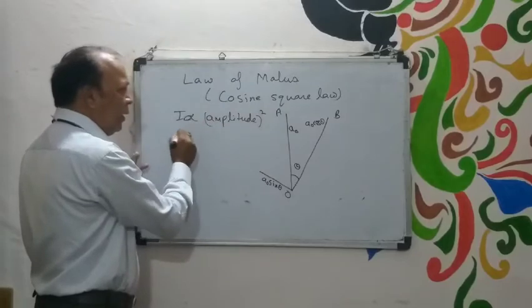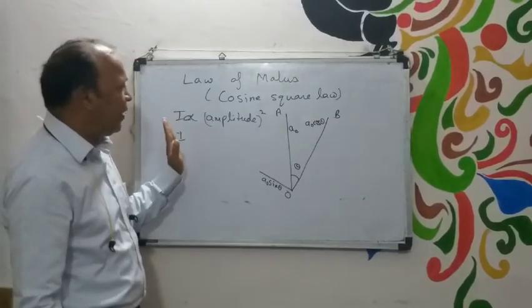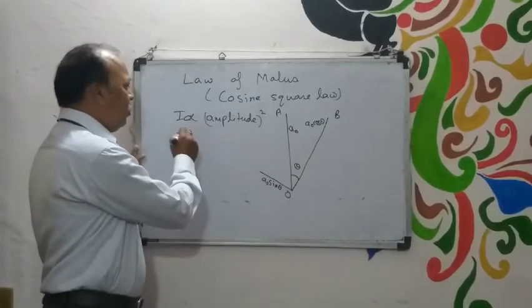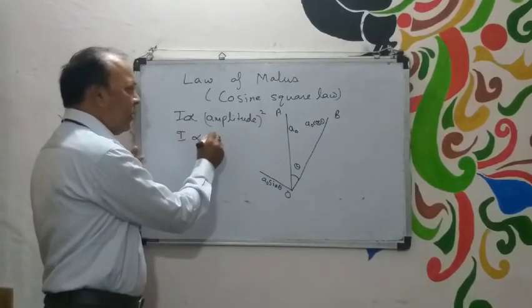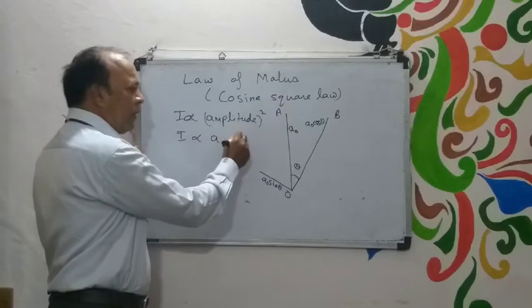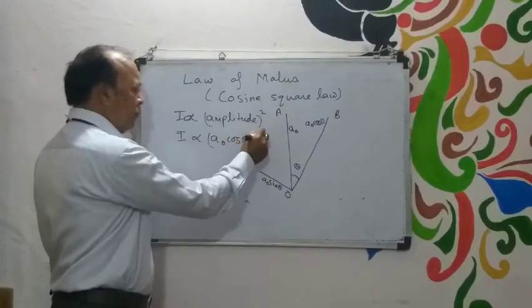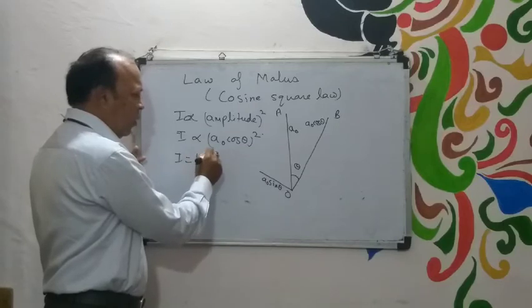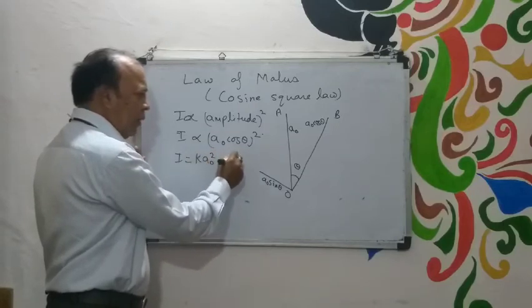So I, the intensity of light crossing OB, is proportional to (A naught cos theta) square. So I is equal to K A naught square cos square theta.